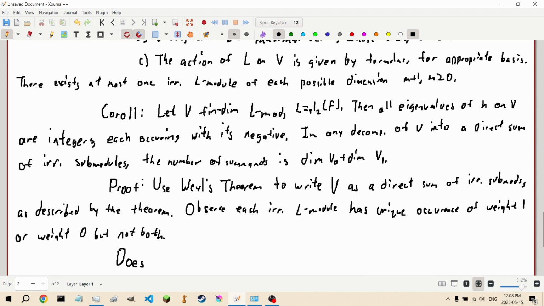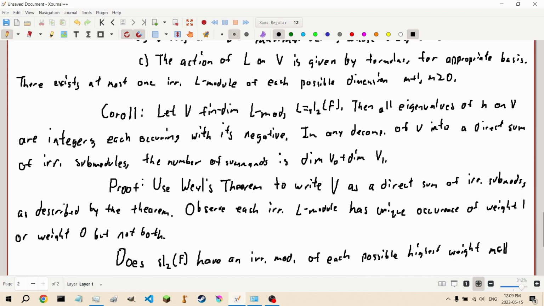Does SL2F have an irreducible module of each possible highest weight, m in the naturals with 0?